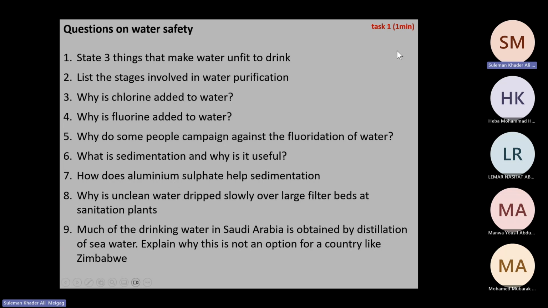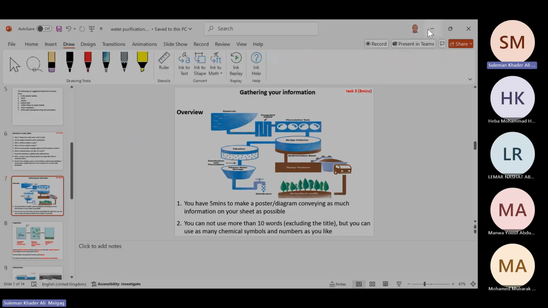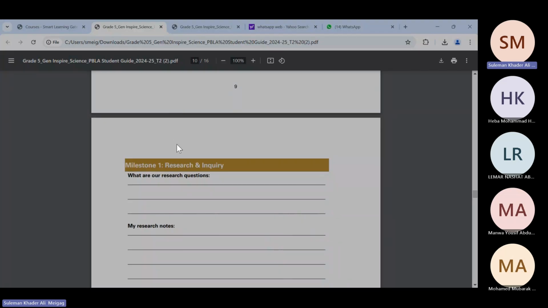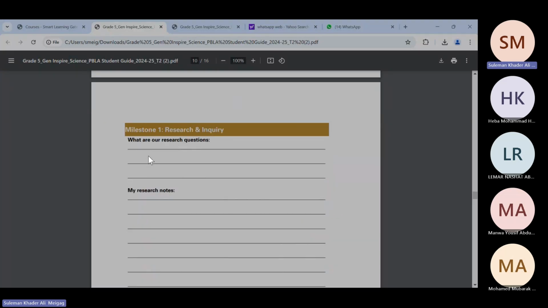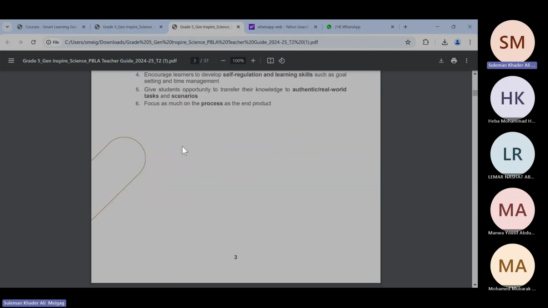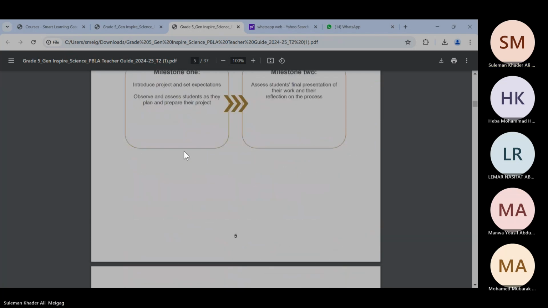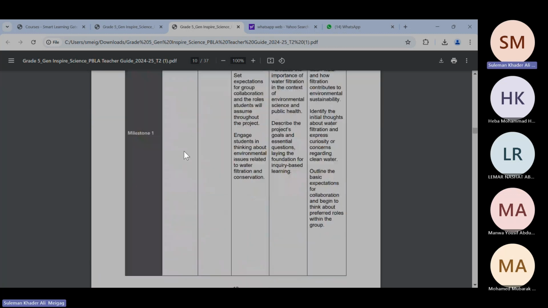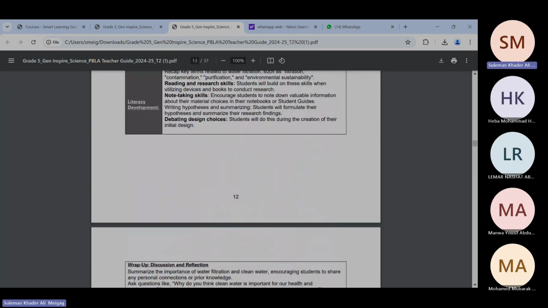There are questions also in the book. So let's go back to the book for the project. Okay, so some questions here you have to ask. Okay, I will show you from where you can get some questions. Here we have some questions that you can ask.